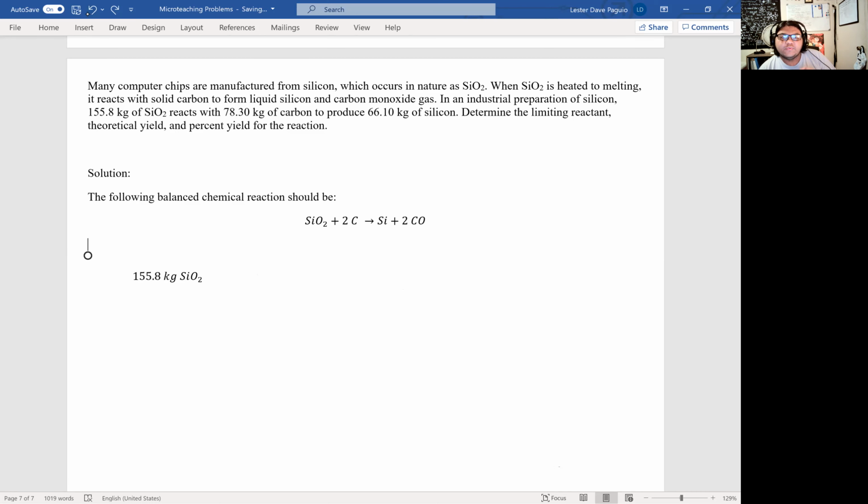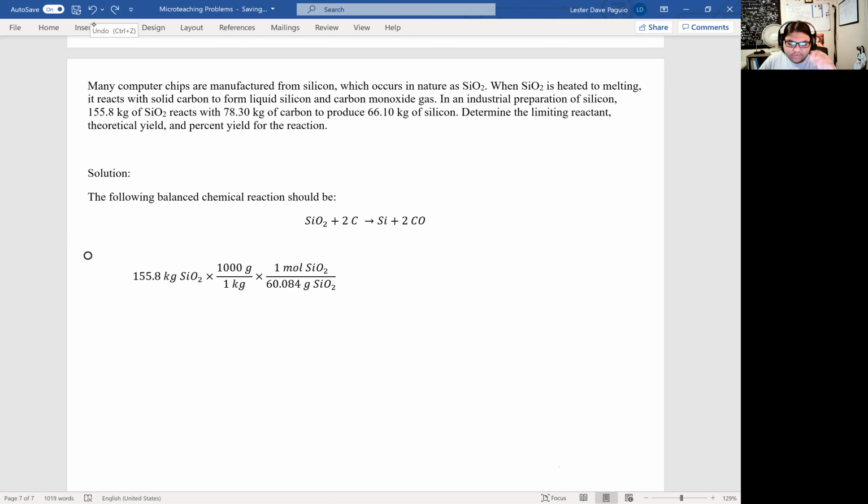First we would need to convert it from kilograms to grams. For every 1,000 grams, we would have 1 kilogram. Then we would convert from grams of silicon oxide to moles of silicon oxide. For every 1 mole of silicon oxide, we would have 60.084 grams of silicon oxide. The 60.084 grams represents the molecular weight of the silicon oxide.